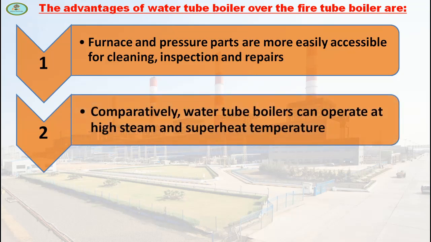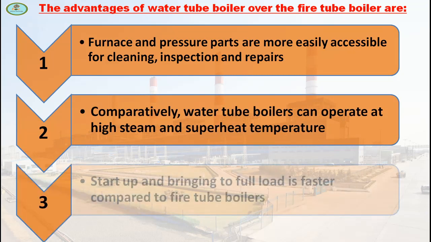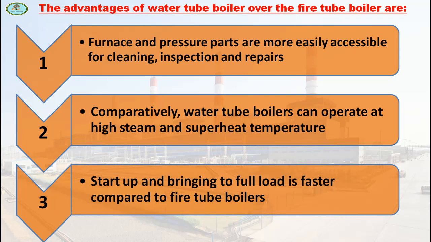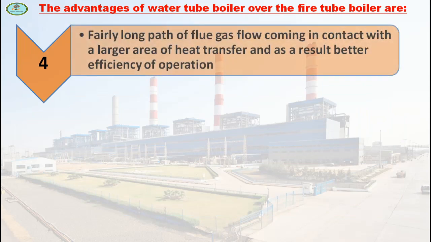Comparatively, water tube boilers can operate at high steam and superheat temperature. Startup and bringing to full load is faster compared to fire tube boilers. Fairly long path of flue gas flow comes in contact with a large area of heat transfer, and as a result, better efficiency of operation.